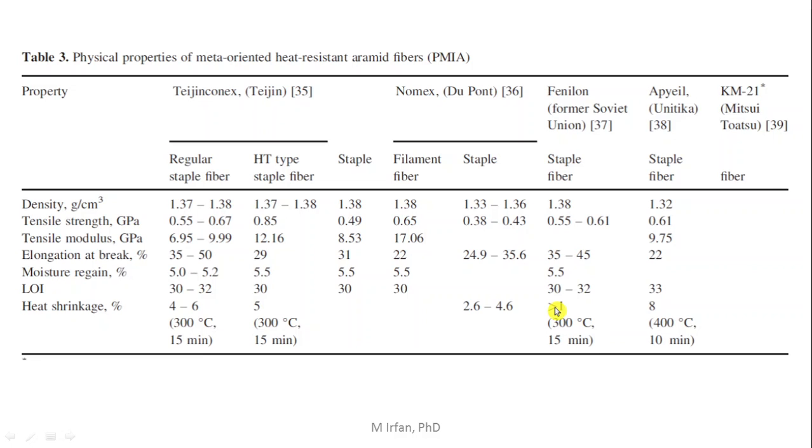Here is another table which shows a comparison of physical properties of meta-aramid fibers from different manufacturers, and we can see that the physical properties of different meta-aramid fibers from different manufacturers are almost comparable.